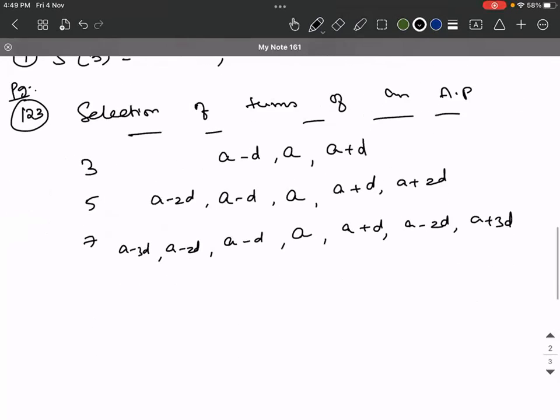So this is how you consider the terms, so that the common difference in everything is going to be D only.